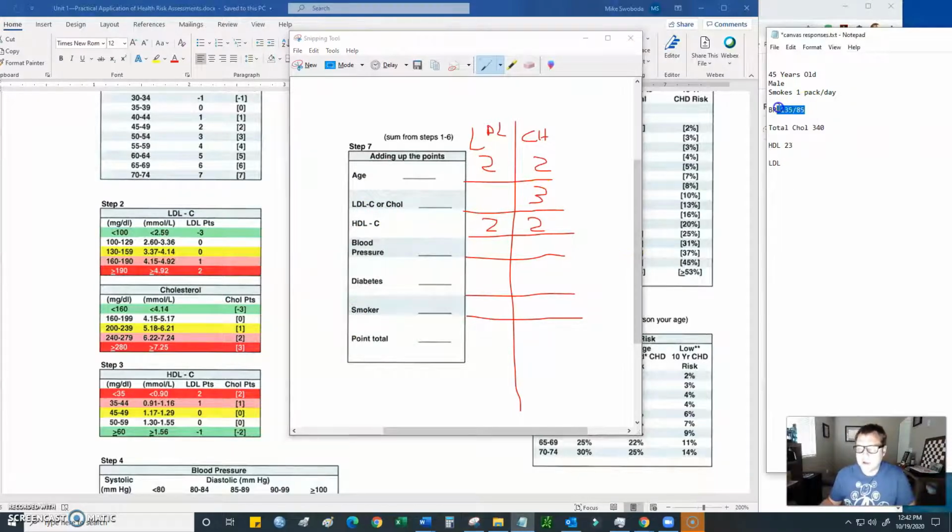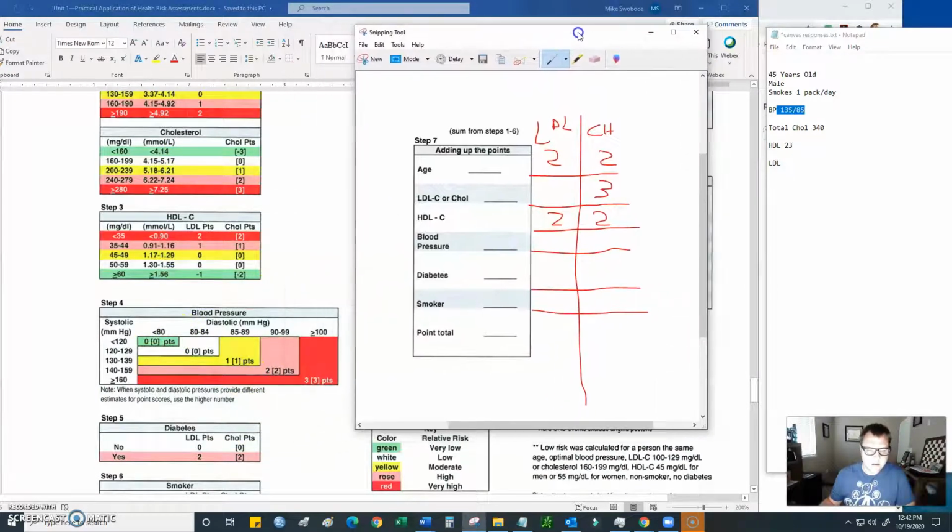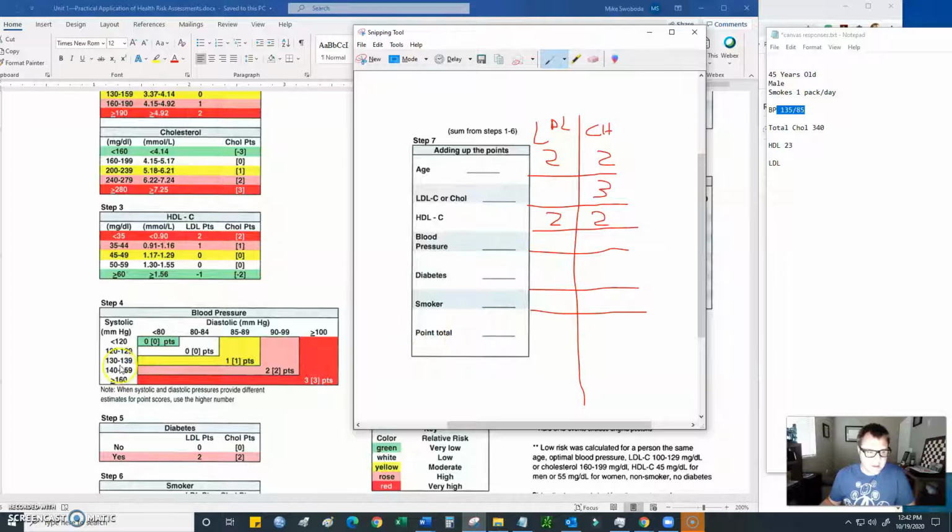Blood pressure, 135/85, so we go down to the blood pressure. He is at 135 over 85, so that gives him 1 point on each. He does not have diabetes, so he gets 0 points there.